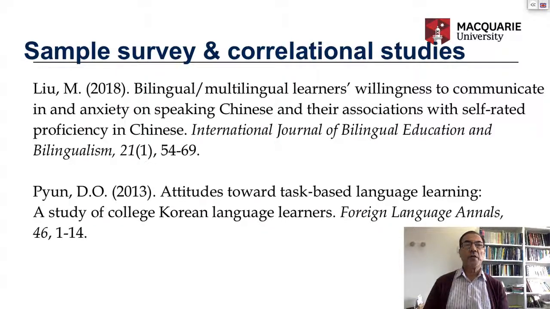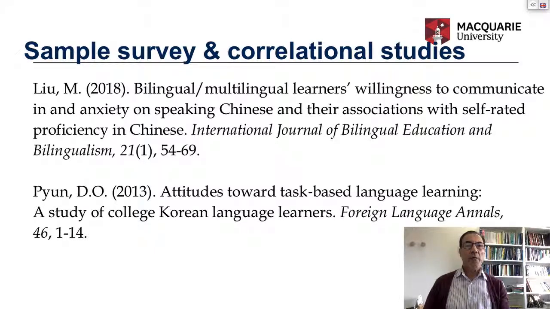It's very recent. And the title of the study is Bilingual Multilingual Learners' Willingness to Communicate in and Anxiety on Speaking Chinese and Their Associations with Self-Rated Proficiency in Chinese. This article has been published in the International Journal of Bilingual Education and Bilingualism, which you can very easily find and read.